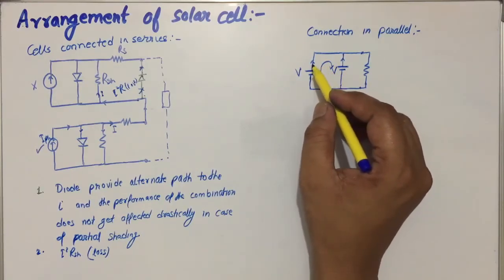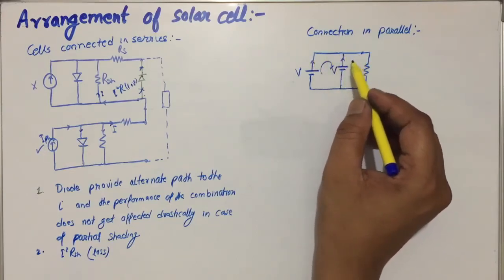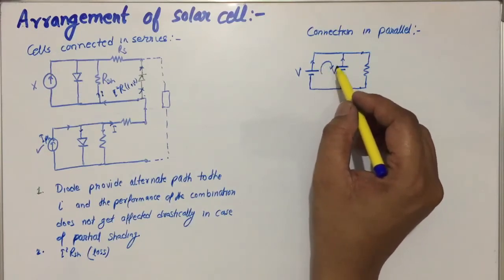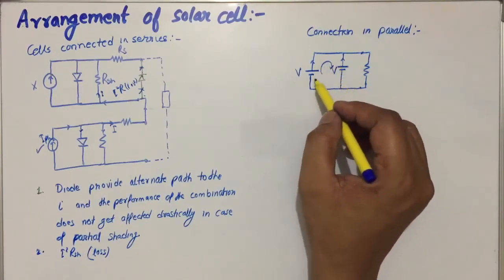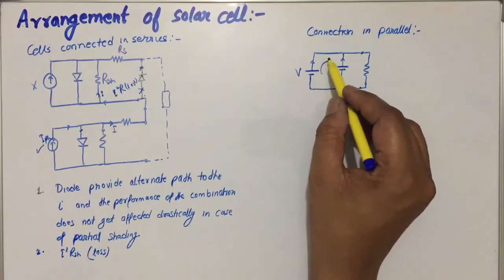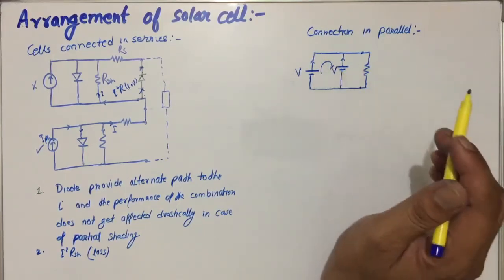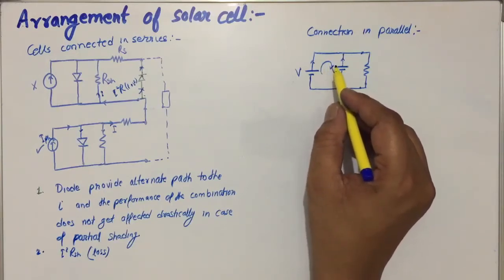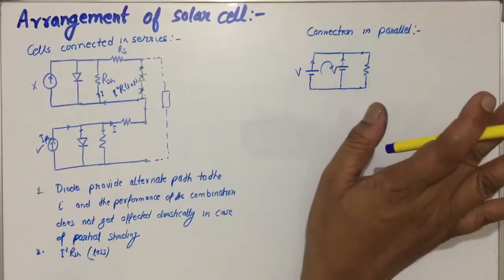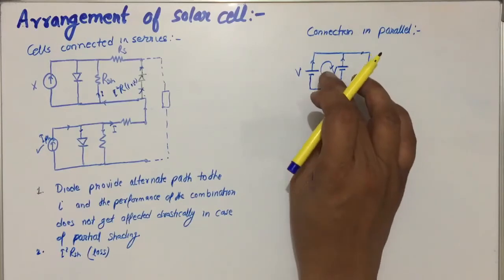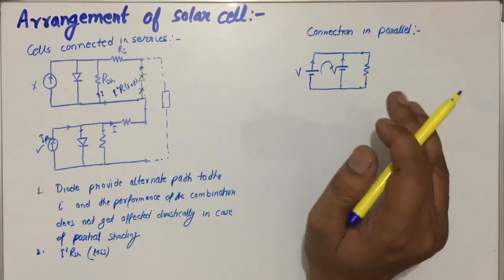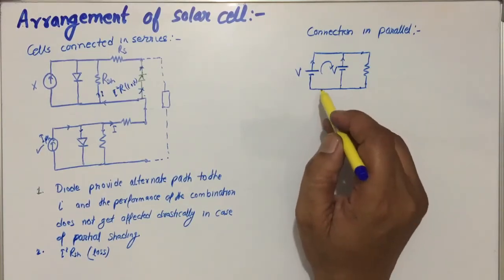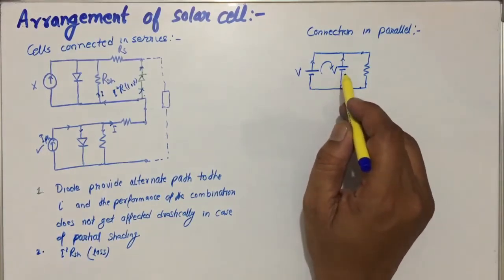Part of the current will follow this path, but part of it will circulate to find this closed path, and this circulating current will do no productive work, it will just produce loss in the form of heat in the internal resistances of the cell.